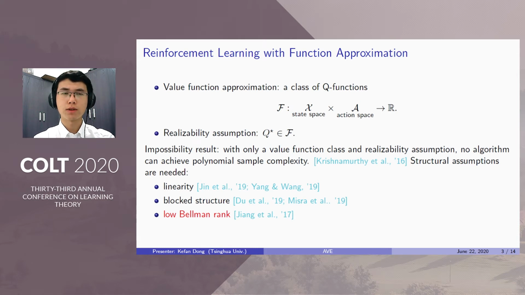With only a value function class and a realizability assumption, no algorithm can achieve polynomial sample complexity. So some structural assumptions are needed, such as linearity of value function, block structure of transition function, or Bellman error, or low Bellman rank. In this paper, we focus on the low Bellman rank assumption.